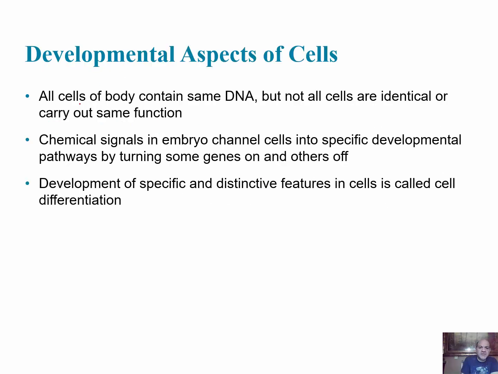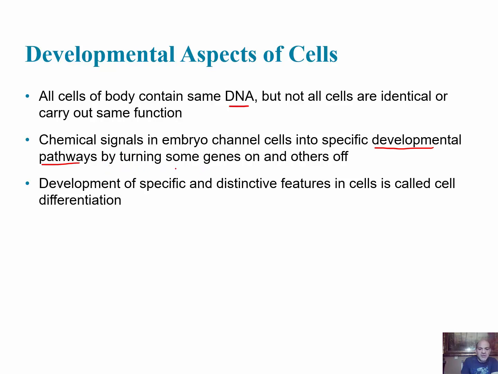For developmental aspects of cells, all the cells in your body, all trillions of them, have the same DNA, but not all cells are identical. We have over 200 different cell types. But chemical signals in the embryo are going to channel cells into specific pathways for development. So some cells are going to go on to become connective tissues. Some cells are going to go on to become muscle tissue, and so on.